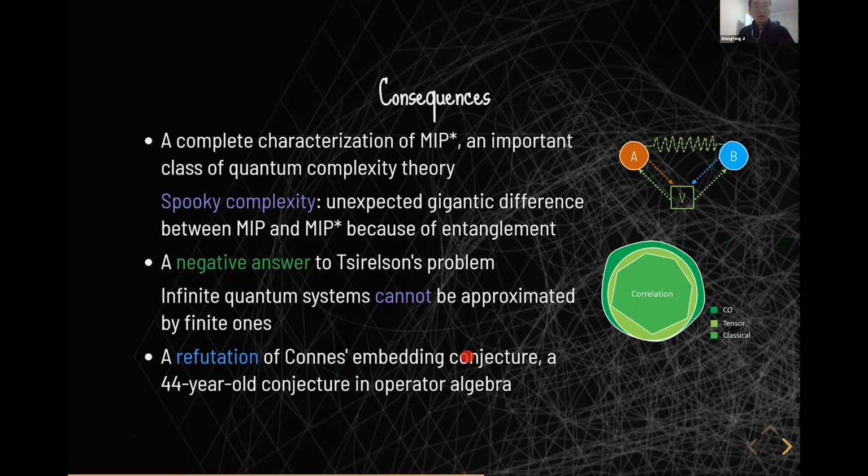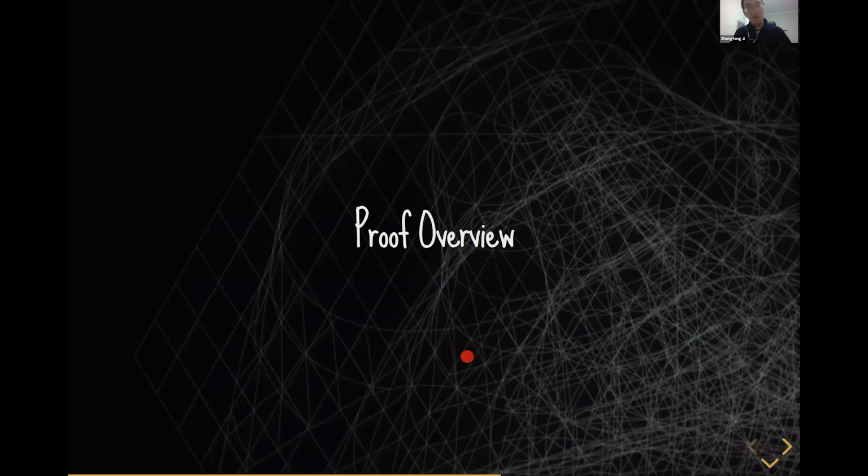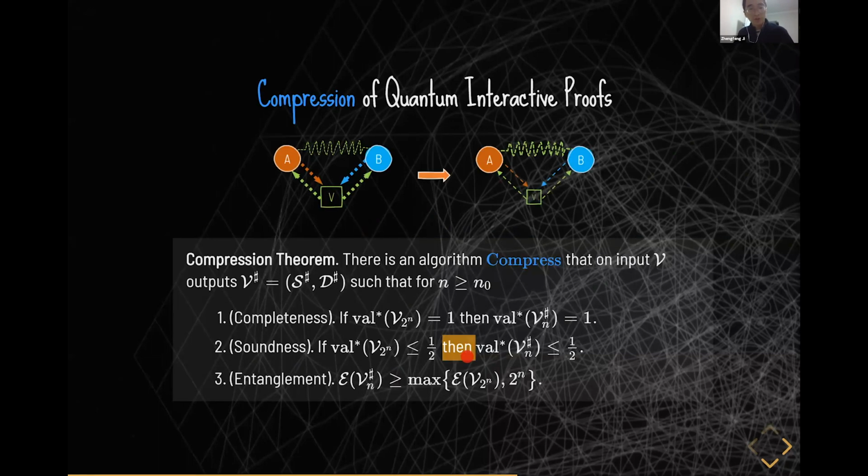Okay, so maybe I have 15 minutes left. I'll give you a very quick overview of how we give this proof. The most technical part of this proof is a compression theorem. It's a compression from this very big protocol to a small protocol.